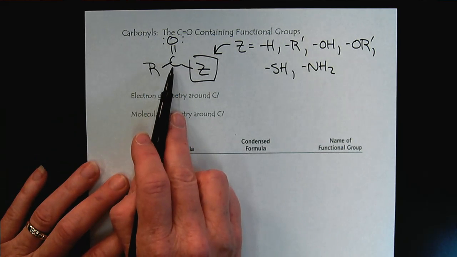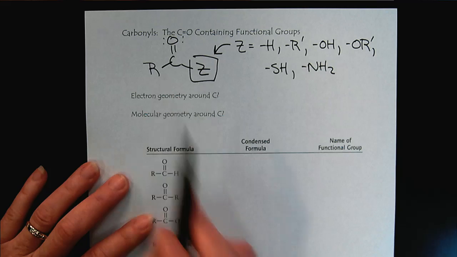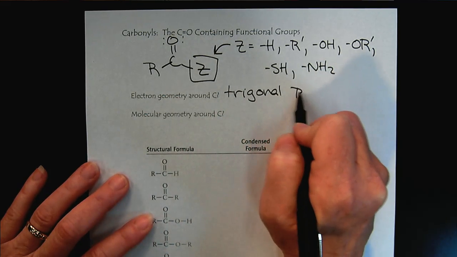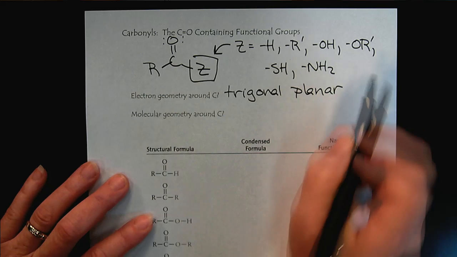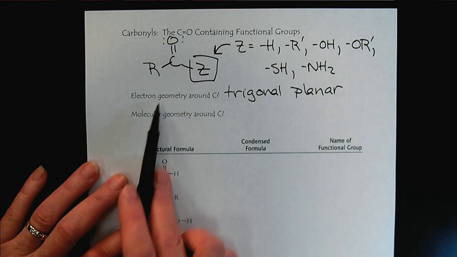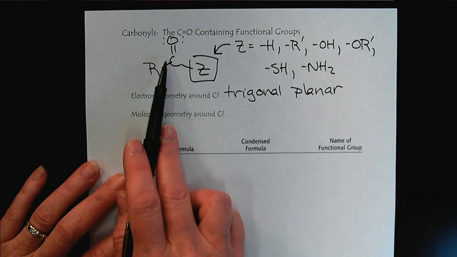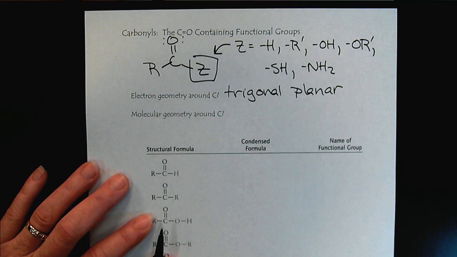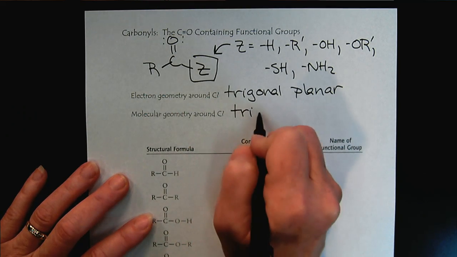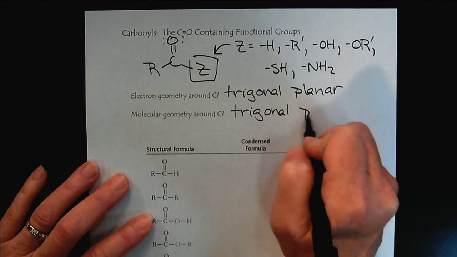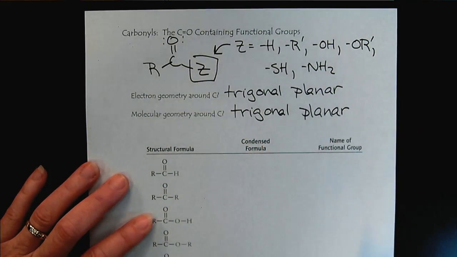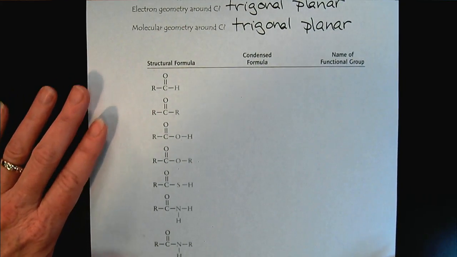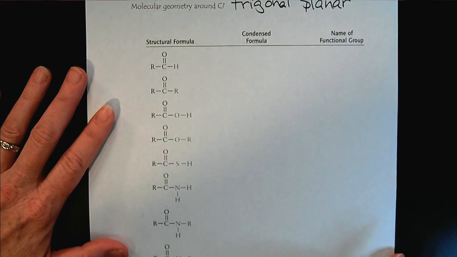The electron geometry around the carbonyl carbon is trigonal planar, and then the molecular geometry is also trigonal planar because notice that there are no lone pairs around the carbon. Okay.